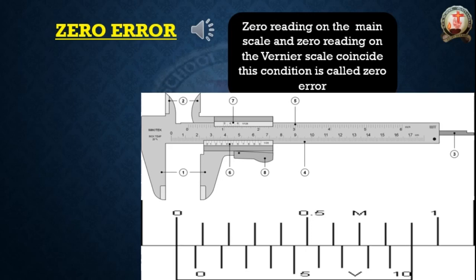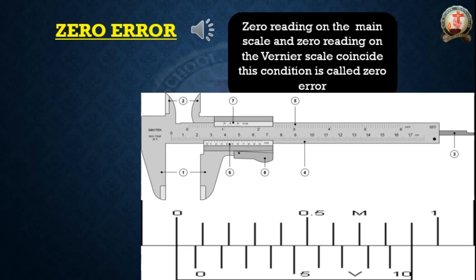Here, 0 reading in the vernier scale is not the small line, but the big, thick line.